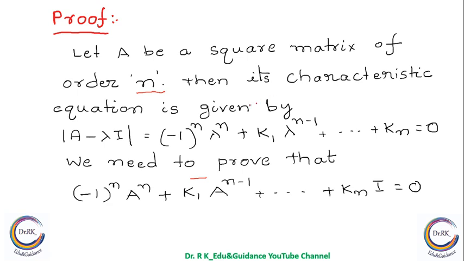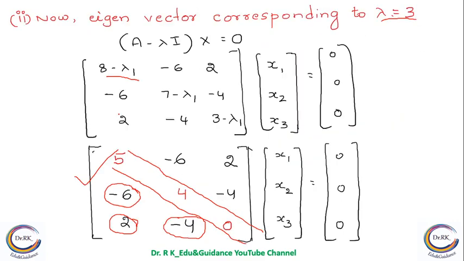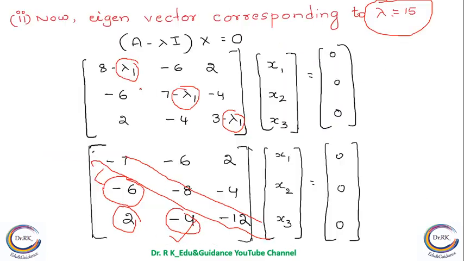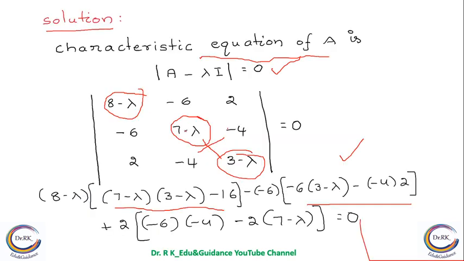Then this characteristic equation, what we have been discussing, is det of A minus lambda I, right? If we expand this, already we have seen in the previous case, if you remember the case what we have taken. This is a matrix of order 3 by 3, right?